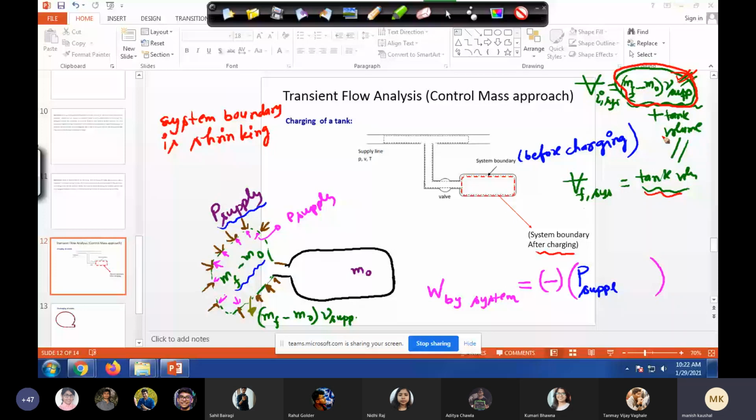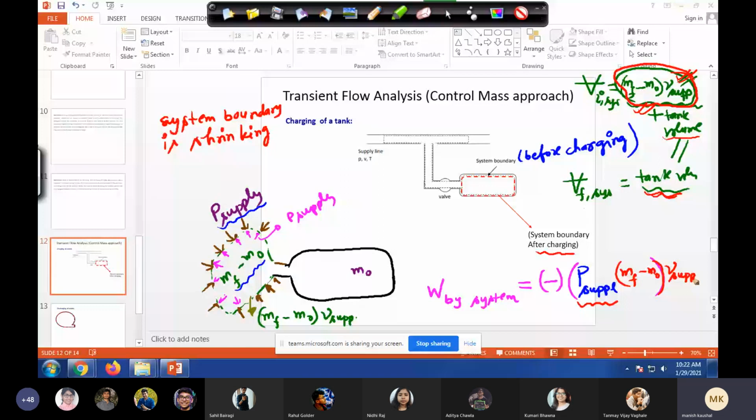So you are compressing the gas with this pressure. And how much are you compressing? Mf minus m naught into V supply line. So that is the work done by the system.